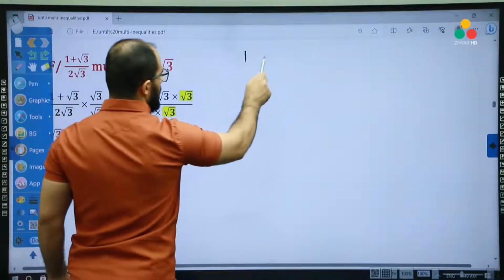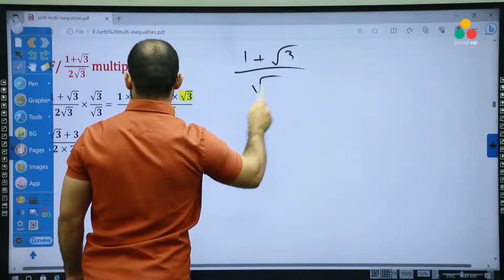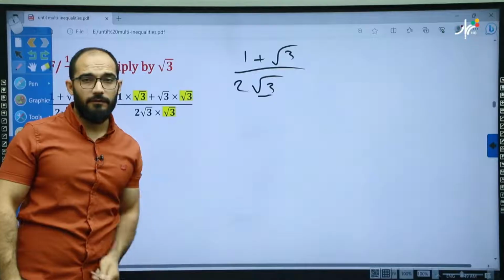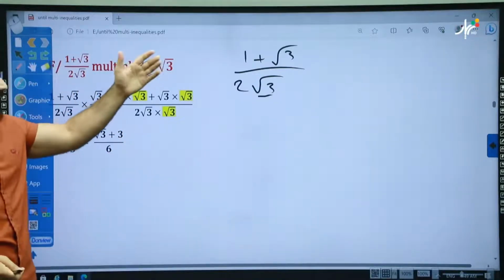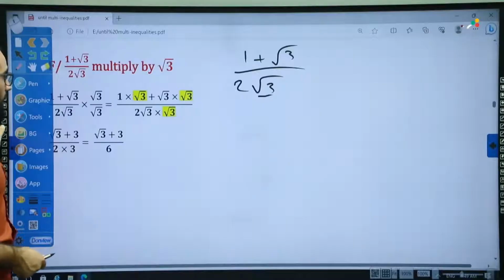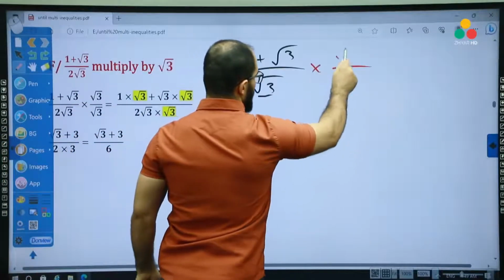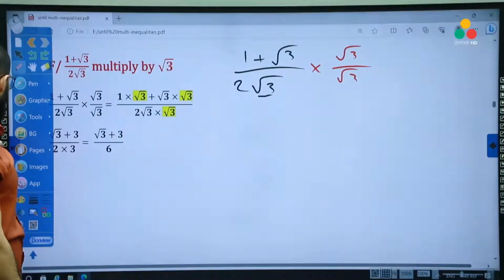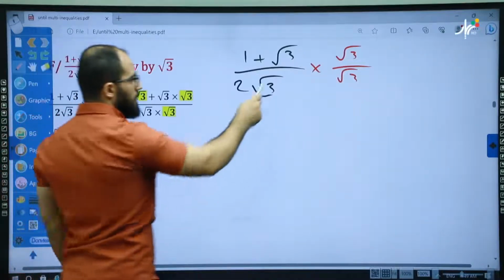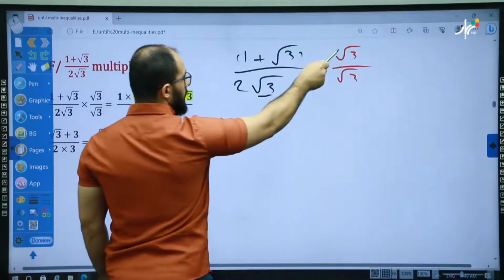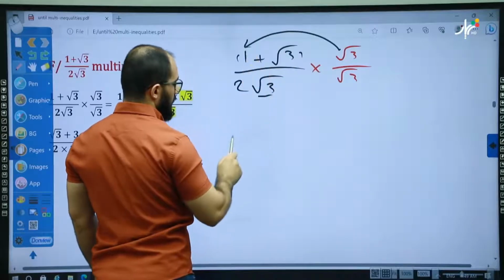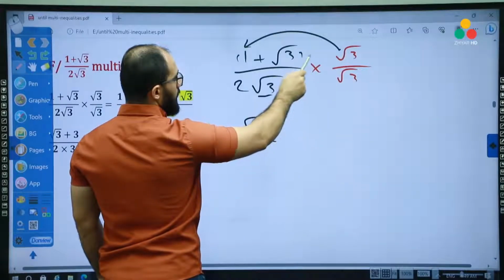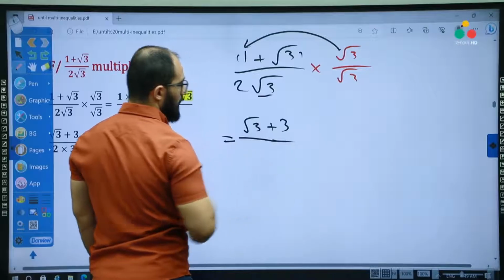We have 1 plus square root of 3 over 2 square root of 3. So in the denominator we have square root of 3. So we multiply numerator and denominator by square root of 3. Because here we have 2 terms, square root of 3 times 1 is square root of 3, plus square root of 3 times square root of 3, it's going to be 3.